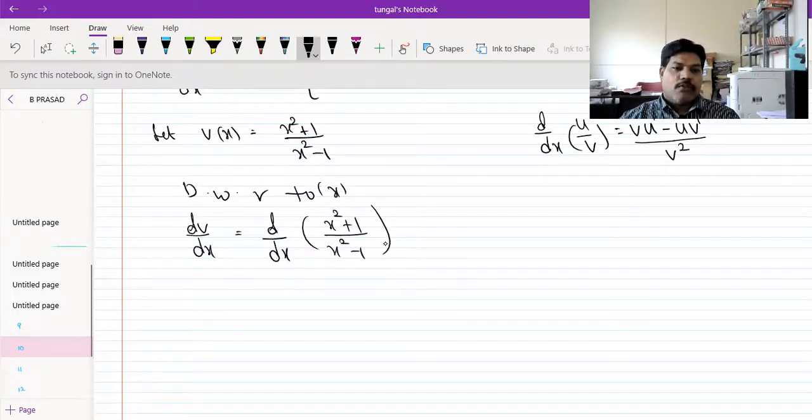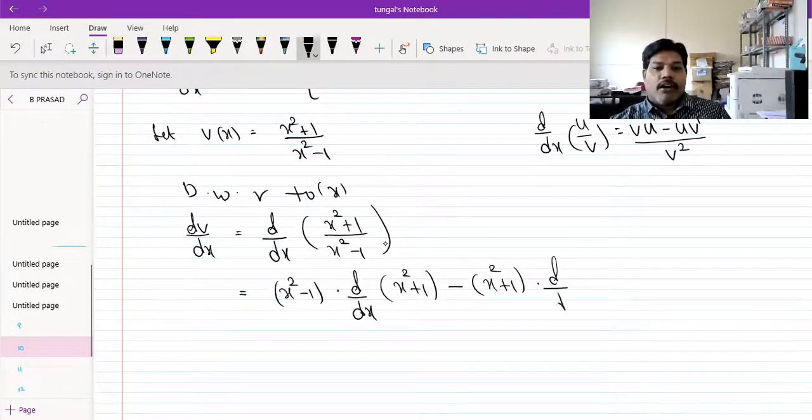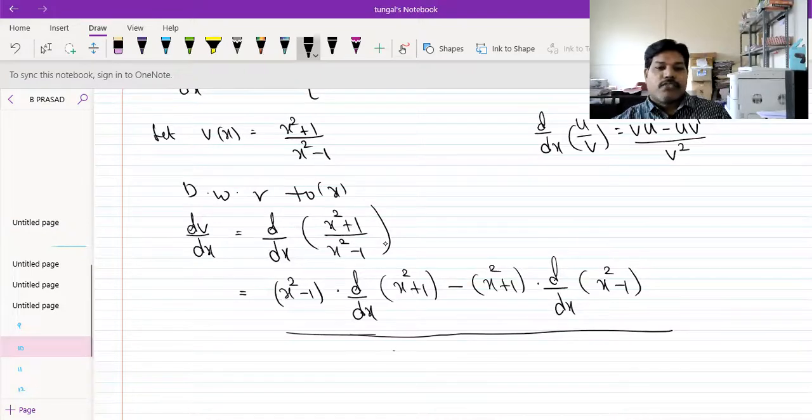So that is equal to x square minus 1, that is v, into the derivative of u. What is the derivative of u, students? That is x square plus 1, minus x square plus 1 into the derivative of x square minus 1, whole by x square minus 1 whole square.